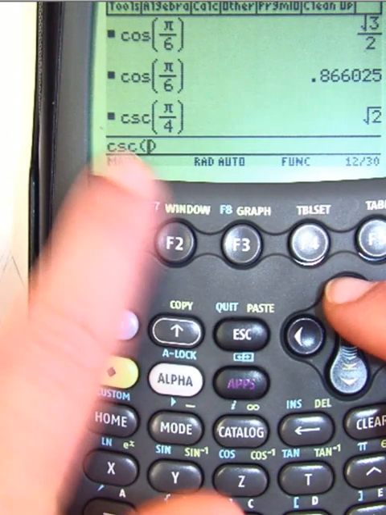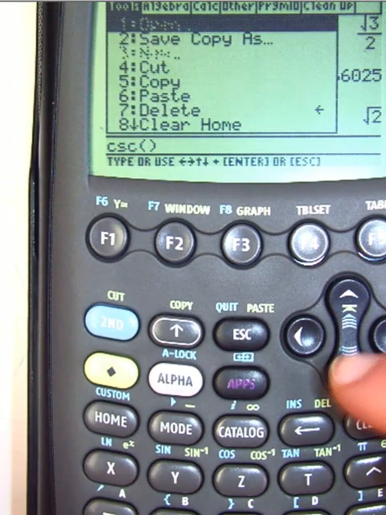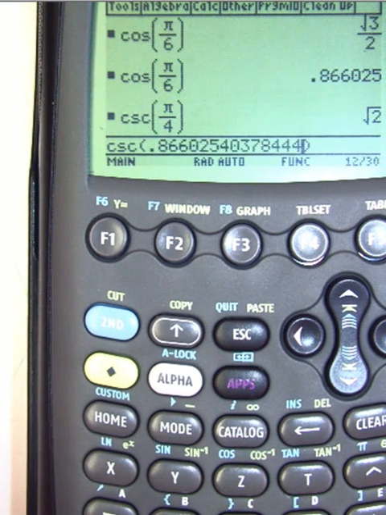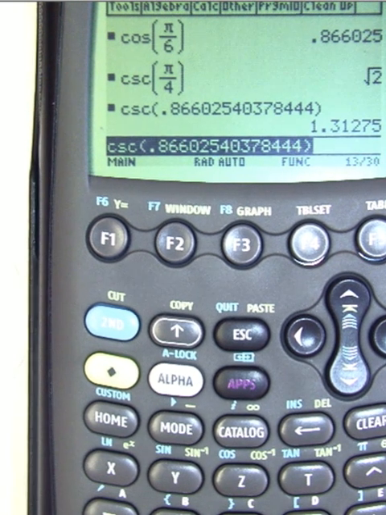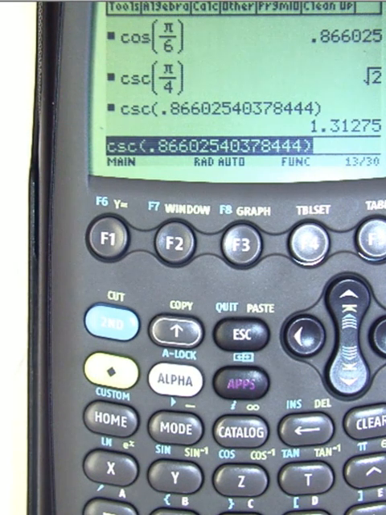I just put my cursor where I want to paste that in, and F1 paste, and it pastes in that whole exact decimal value. And I press enter. Obviously that one's not going to be a nice neat one because that was a value of a trig function, not an angle. So that's another cool feature.